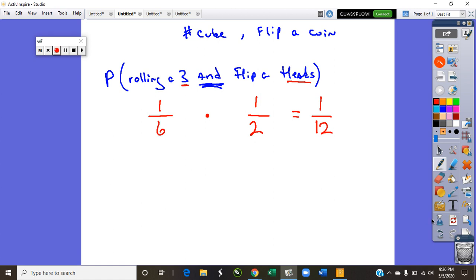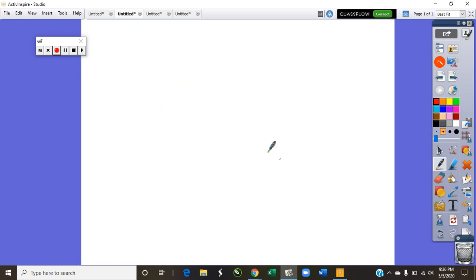I'm going to write one up here and I want you guys to try it. Find the probability of rolling a 5 and let's say you have two number cubes.